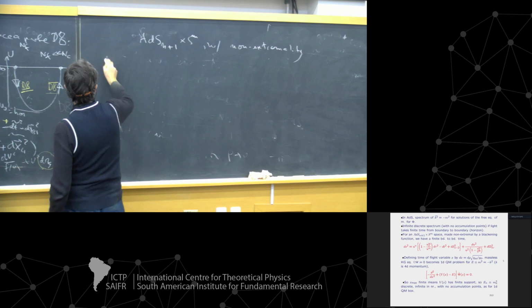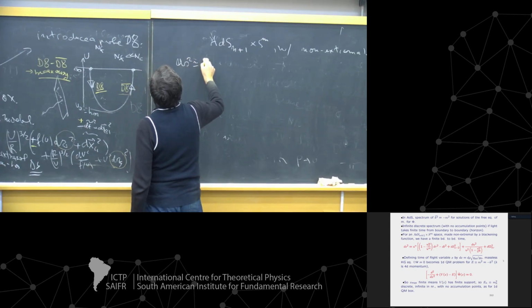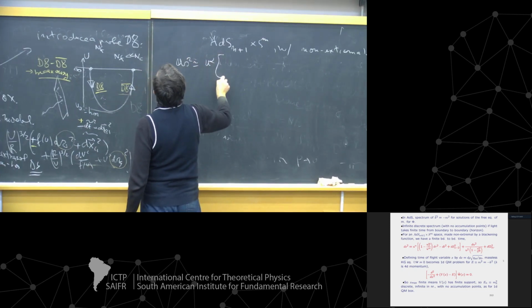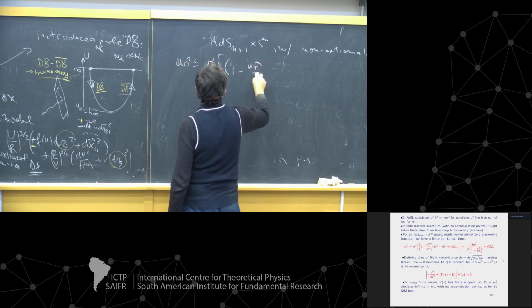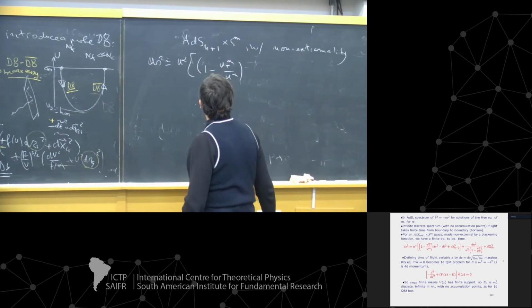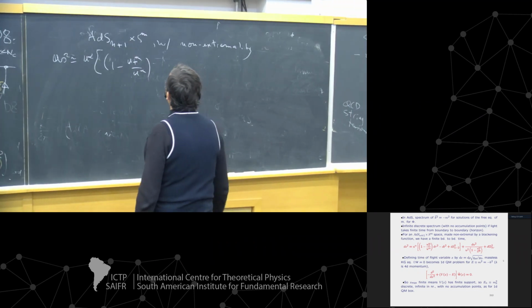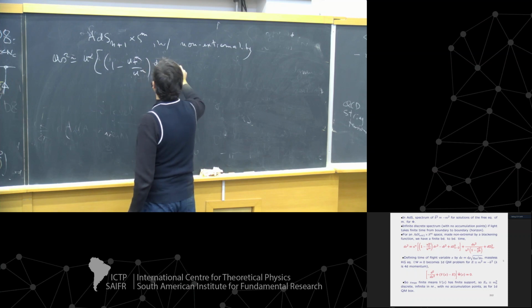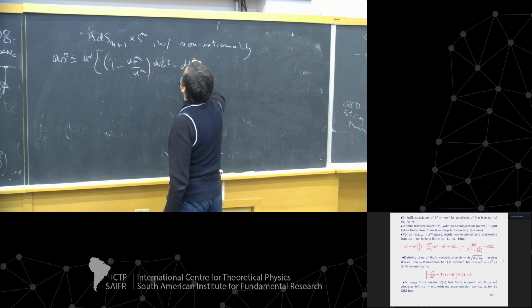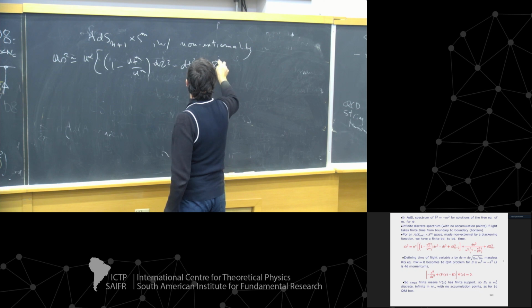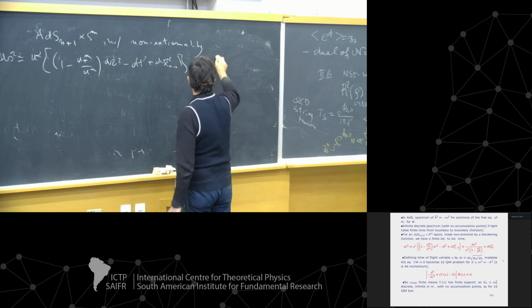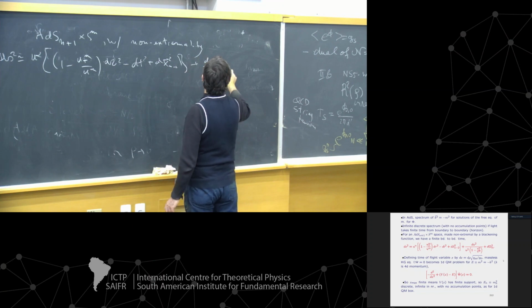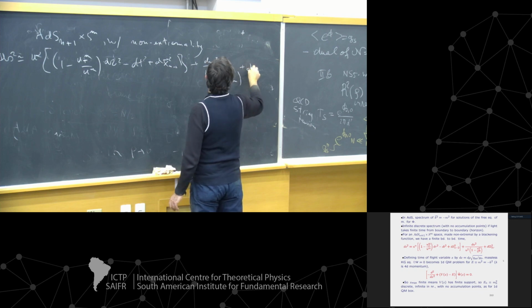So u to the alpha, some conformal factor in general, then (1 minus some constant over u^m) d tau squared, minus dt squared plus dx squared (n minus 2), plus du squared over u squared (1 minus constant over u^m), plus d omega squared m.